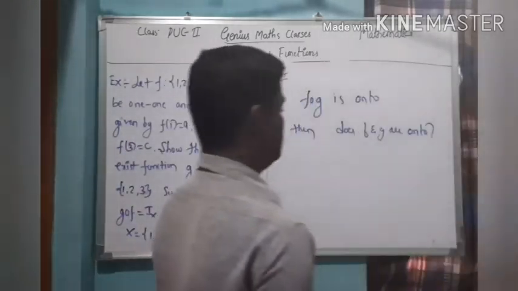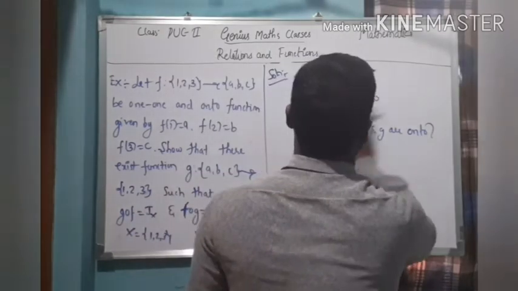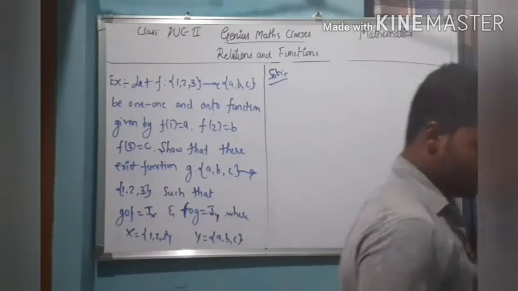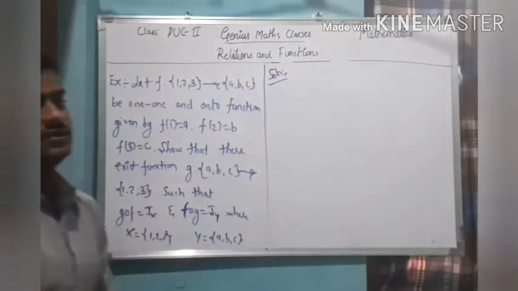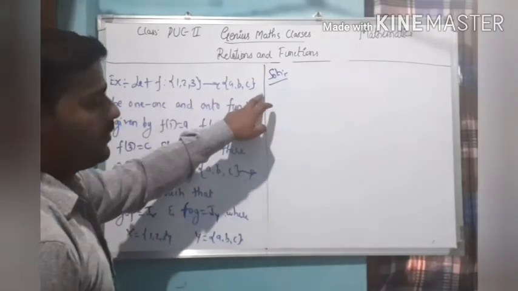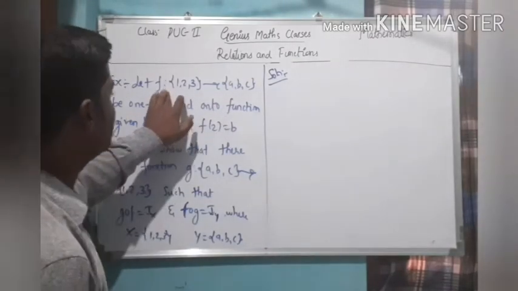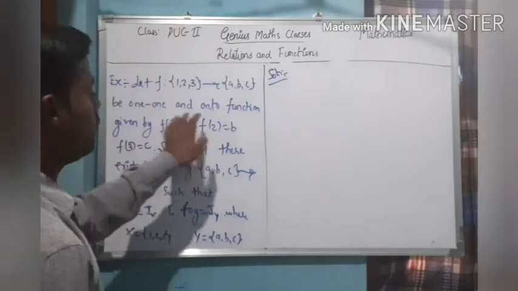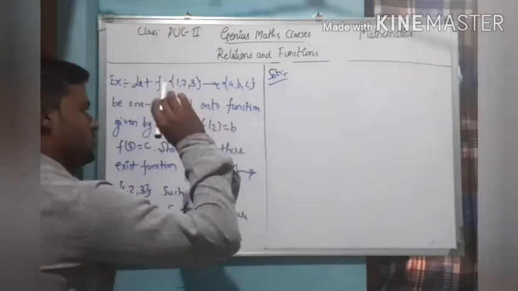Let me solve another example. Let f from {1, 2, 3} to {a, b, c} be a bijective, one-one and onto function.